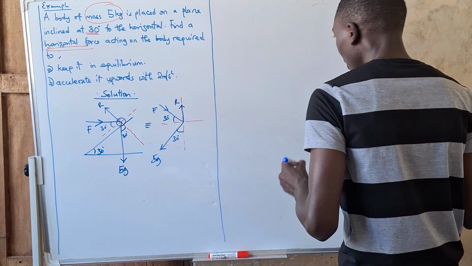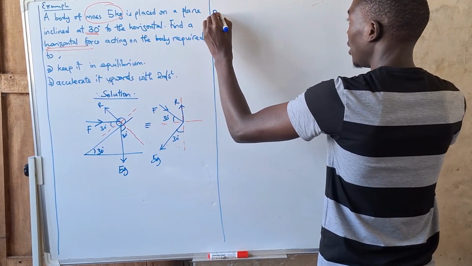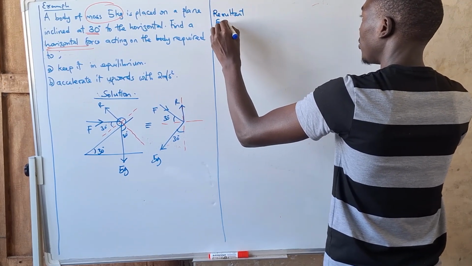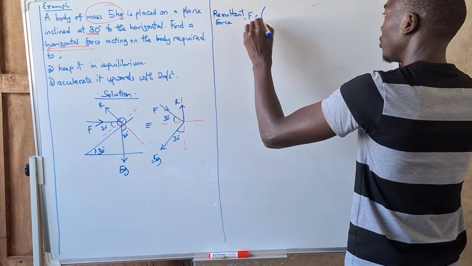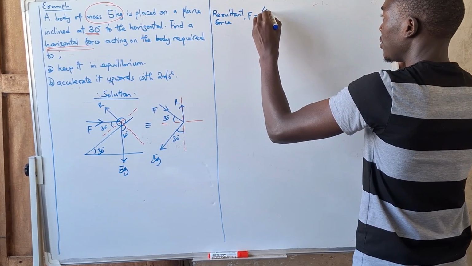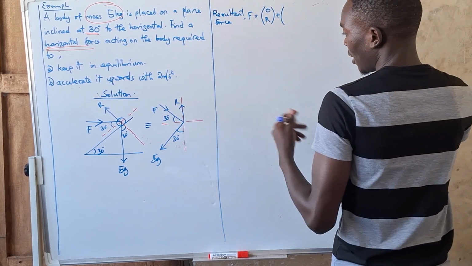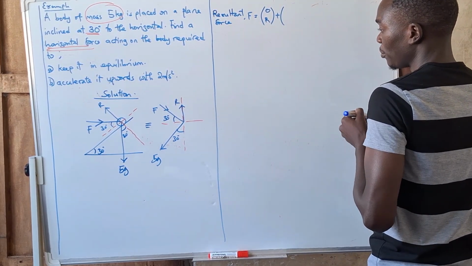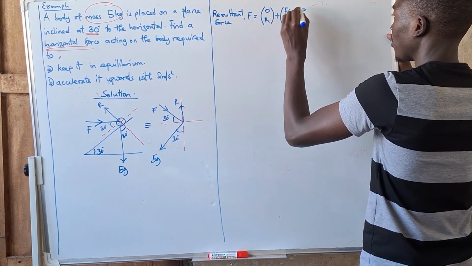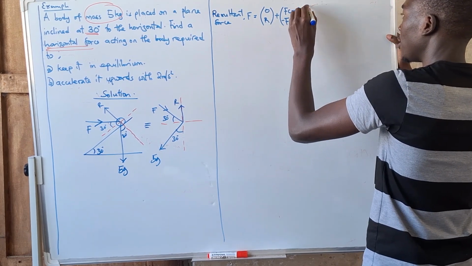equilibrium. So in my part A, I'll come and say that my resultant force F is equal to, start with reaction, that's going to be 0, R. When we come to the force F, horizontally it's positive, so you have F cos 30, and in vertical it's F sin 30, negative.